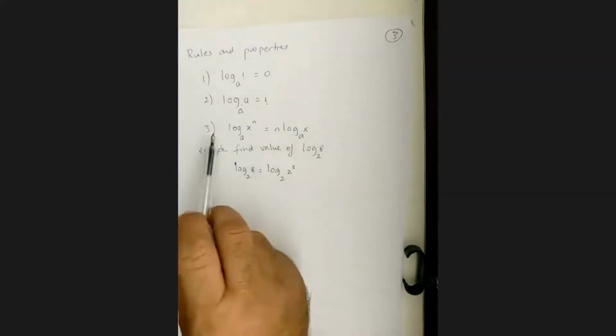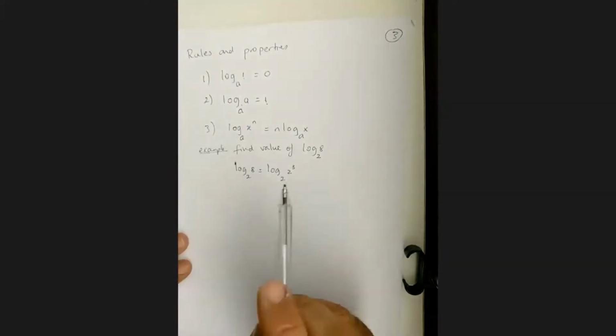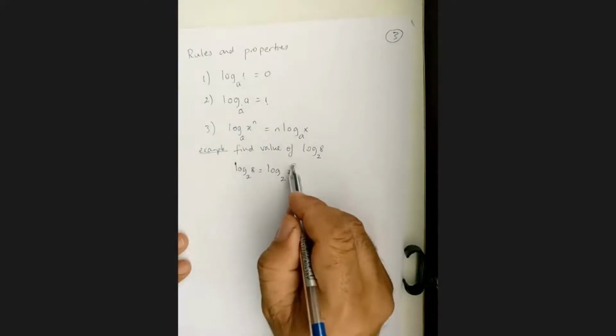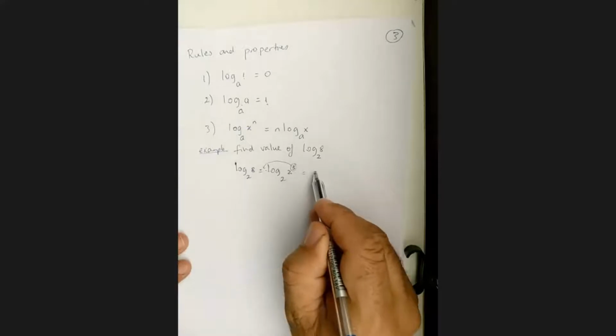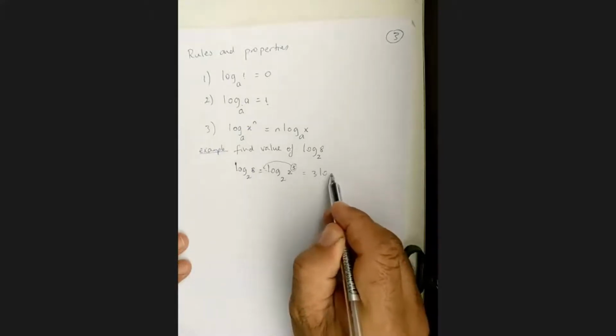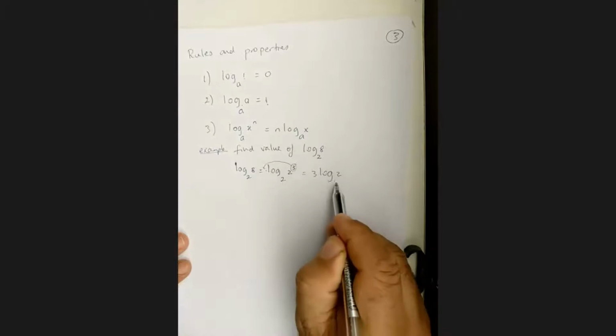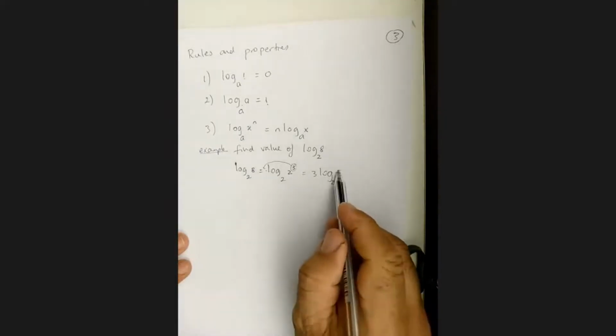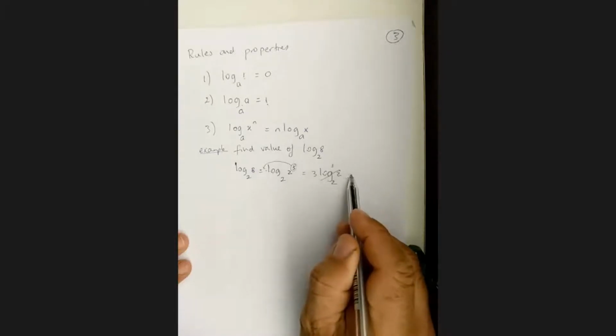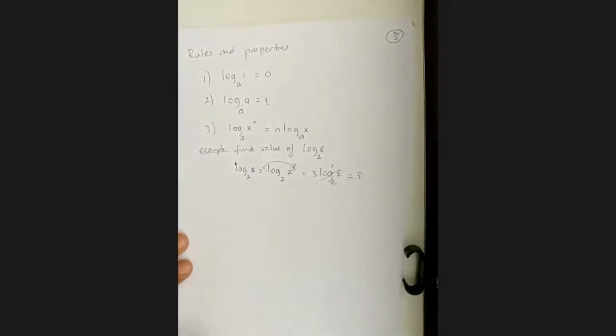As you can see in rule 3, we can move that power there. So 3 times logarithm of 2 to base 2. And if they are equal, the value is what? 1. So the answer is 3. That's the way to use rule number 3.